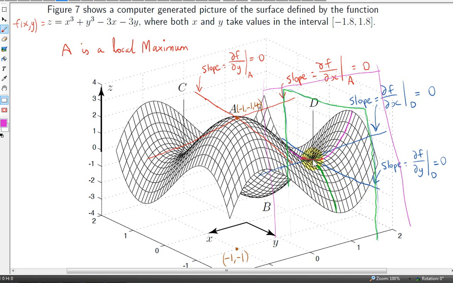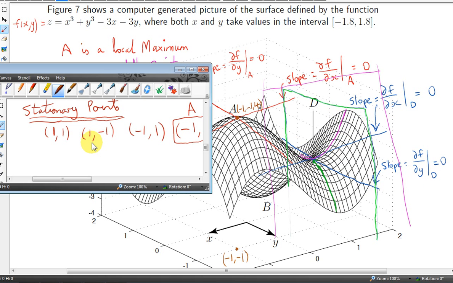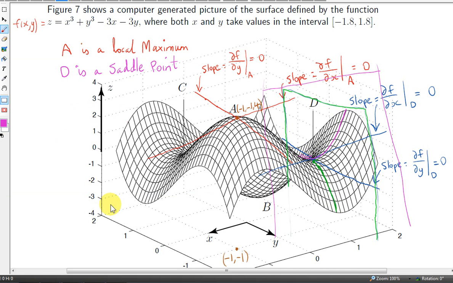Now this point, as the name suggests, or as the picture suggests I should say, is called a saddle point. This is probably a slightly better picture. The purple curve looks like it's running along here. It looks like D has coordinates 1, -1. This is the x value. X value is along here. X is 1, y is -1.